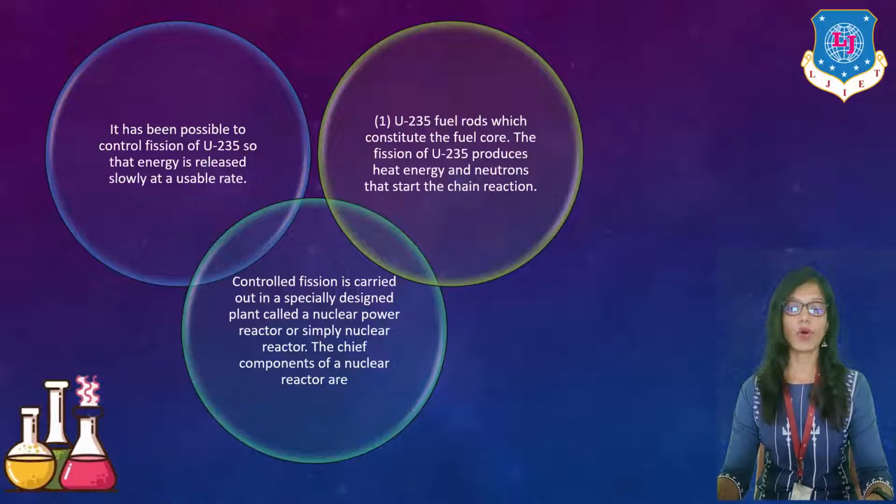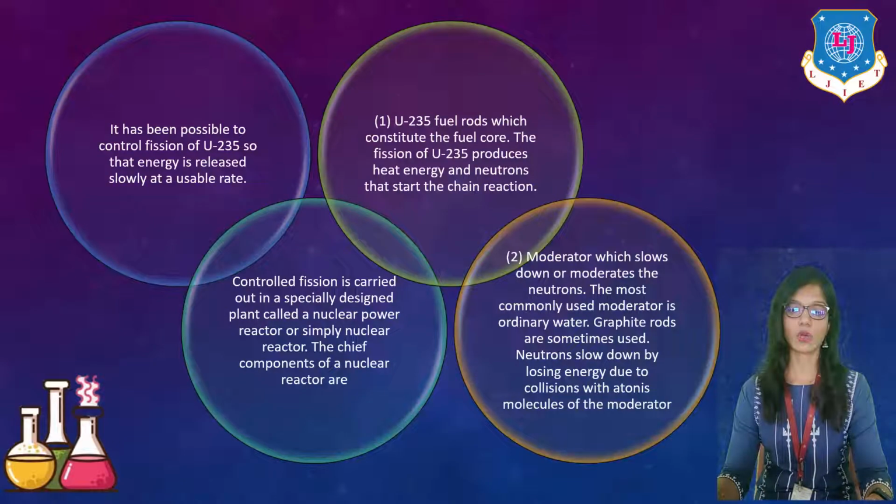Number 2 is the moderator, which slows down or moderates the neutrons produced during nuclear fission. The most commonly used moderator is ordinary water. Graphite rods are sometimes used. Neutrons slow down by losing energy due to collisions with the atoms and molecules of the moderator.